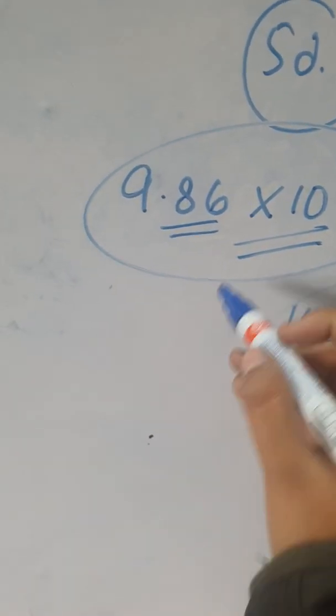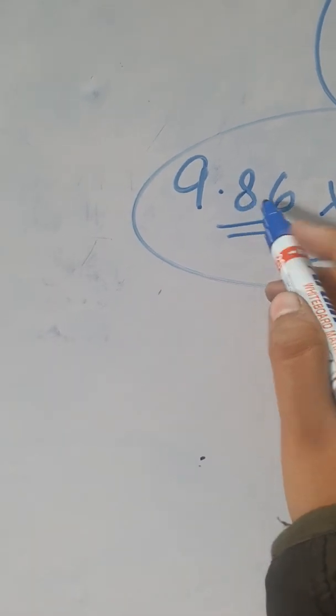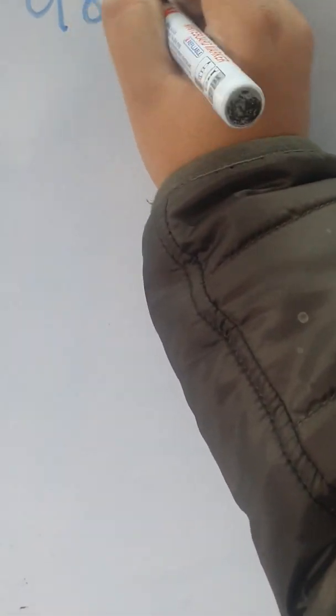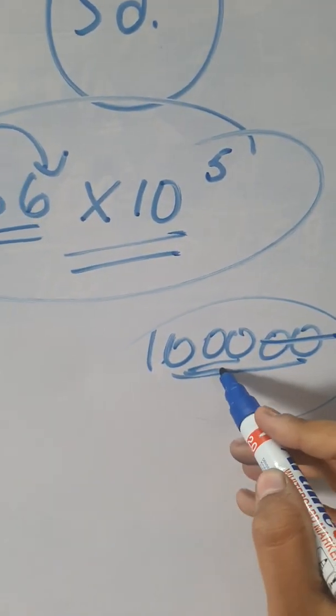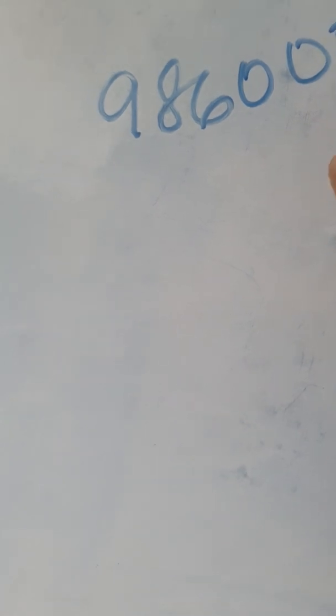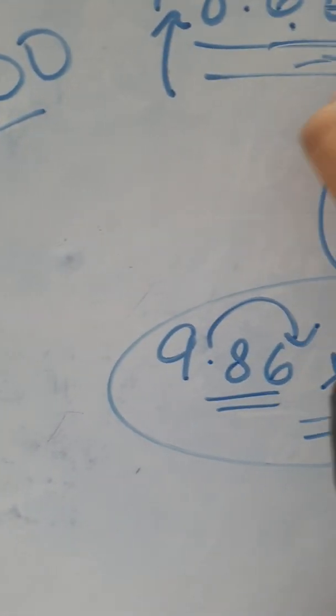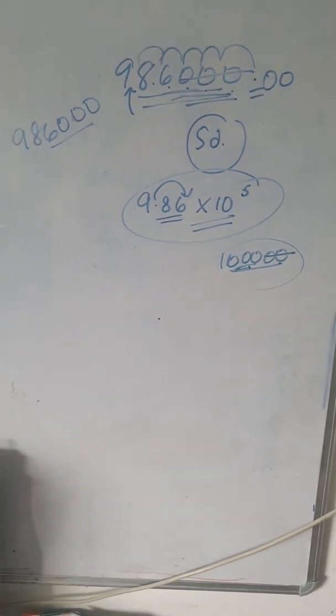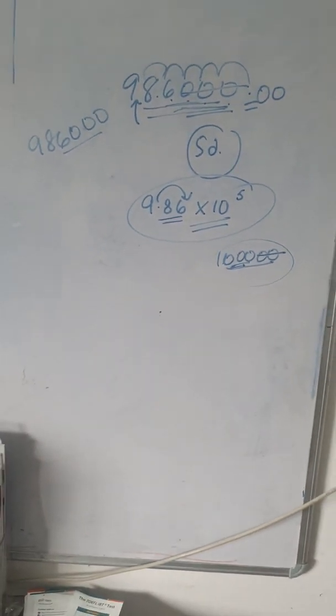We know that if there are no digits after 2 digits, so that means 2 zeros cancel out and this moves here, so it becomes 986. 3 digits are still left and we need to add 3 zeros to it. So this has become the same thing. So this is why even if you don't write any zeros, it makes no difference.